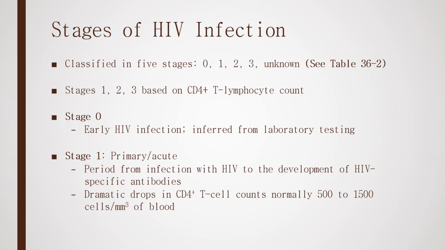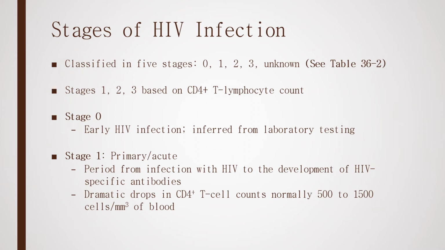By the time neutralizing antibodies can be detected, which is stage 1, HIV-1 is firmly established in the host. Primary or acute infection is characterized by high levels of viral replication, widespread dissemination of HIV throughout the body, and destruction of CD4 plus T cells, which leads to a dramatic drop in CD4 plus T cell count.